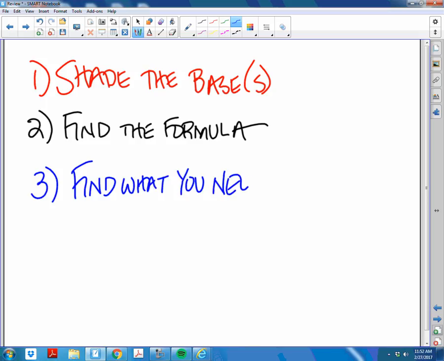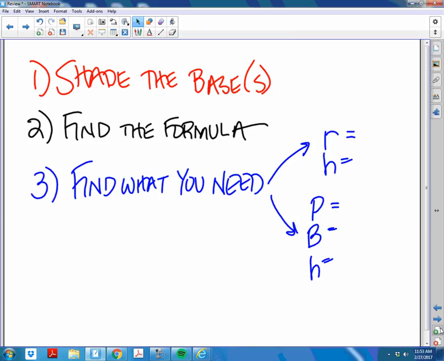Now again, for a cylinder, that's probably going to be R and H. For a prism, that's going to be capital P, capital B, and little h. And I want to see them written. I want to see them written, because if that's where you're making the mistake, I need to see that that's where you're making the mistake.